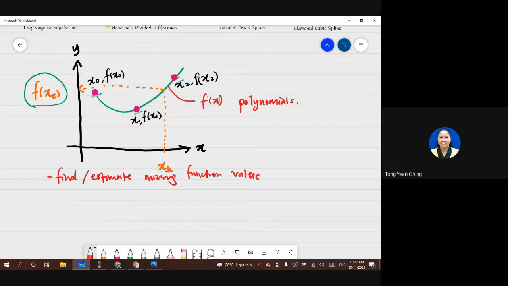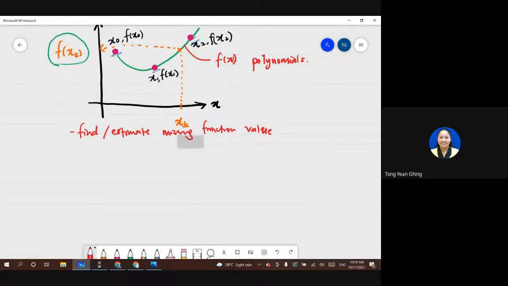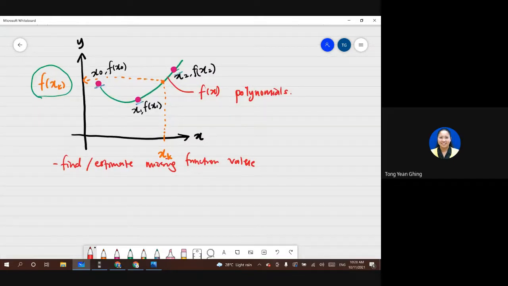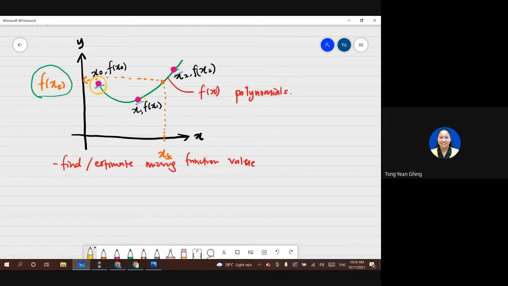It depends on what polynomial it is, how many orders. In this example, we have 1 data point, 2 data points, and 3 data points.